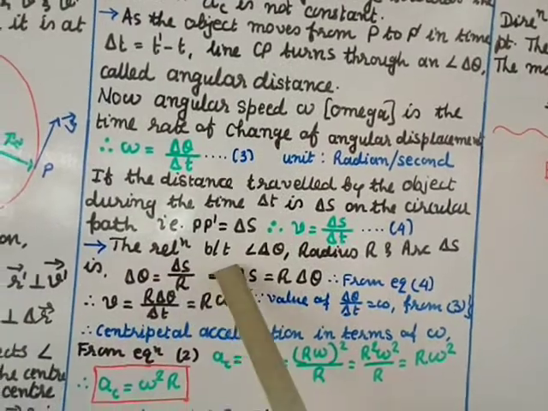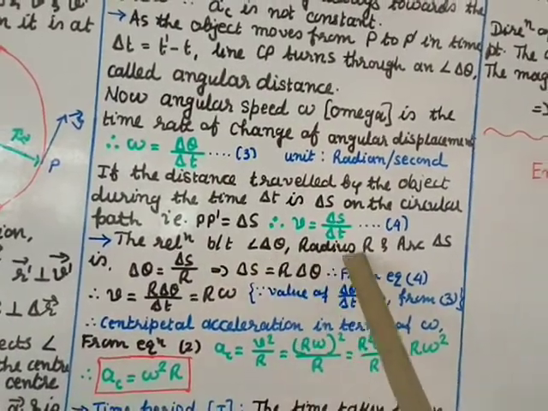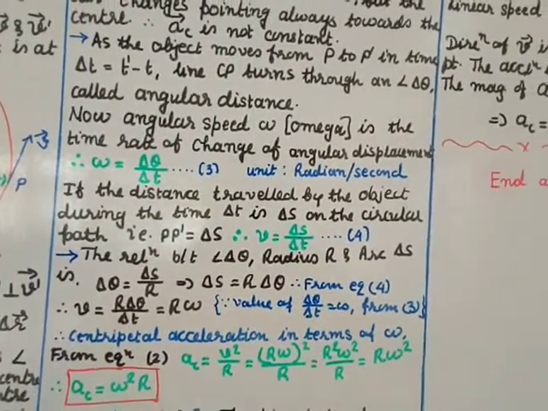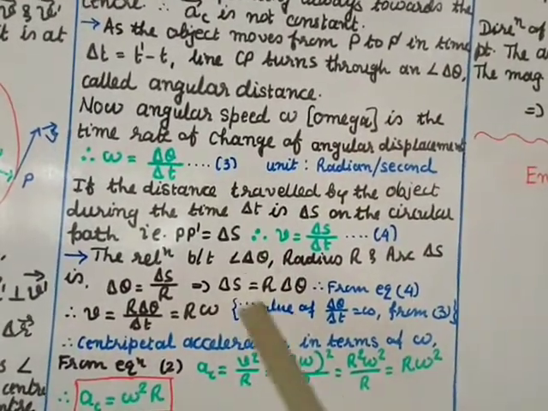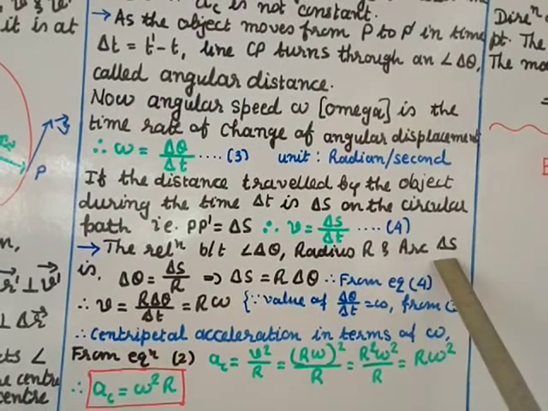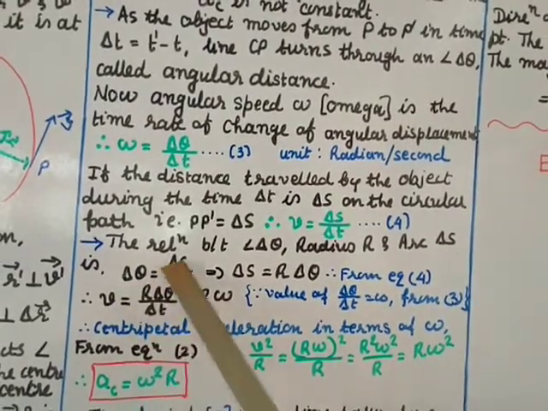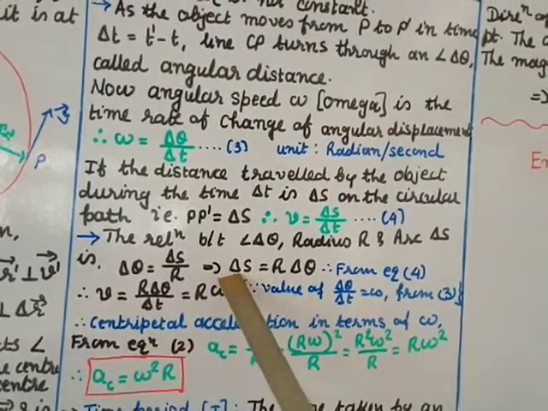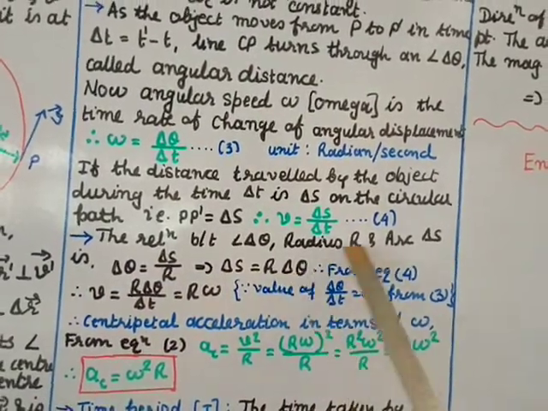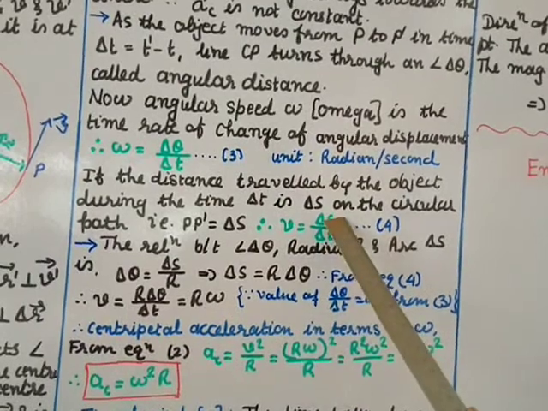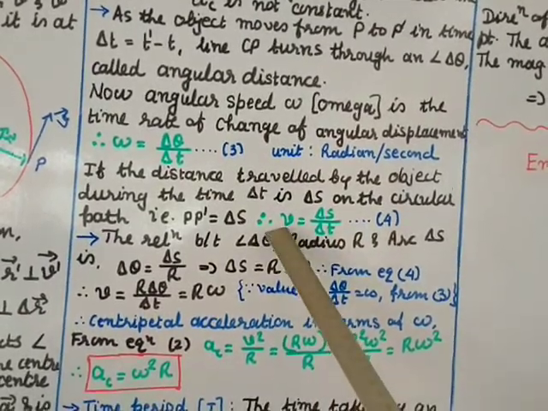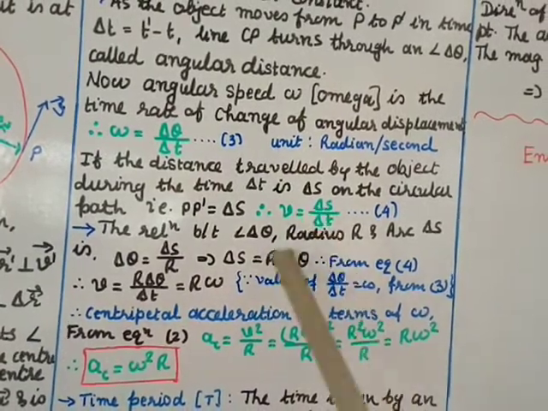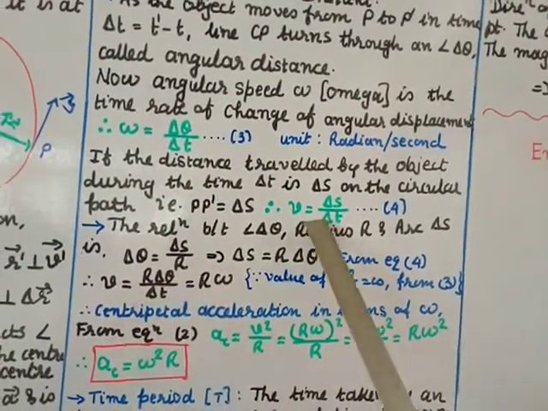The relation between angle delta theta, radius r and arc delta s, we have done in chapter 2. It is given by delta theta equal to delta s by r. Transferring r over here, delta s equals r delta theta. Now from equation 4, instead of delta s we put this value. So linear velocity v equals r delta theta divided by delta t.